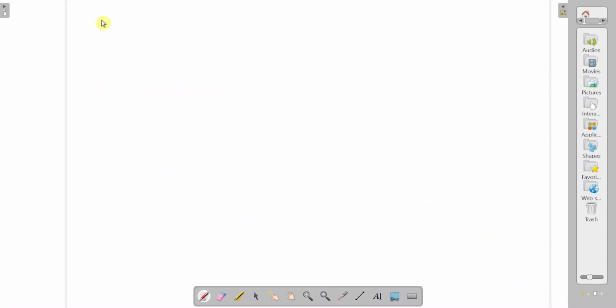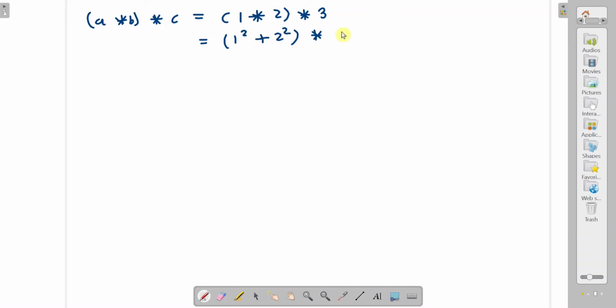Now we have to check bracket a star b bracket star c. That is nothing but bracket 1 star 2 bracket star 3. Now bracket you have to solve first. So 1 square plus 2 square, we will get, star 3.